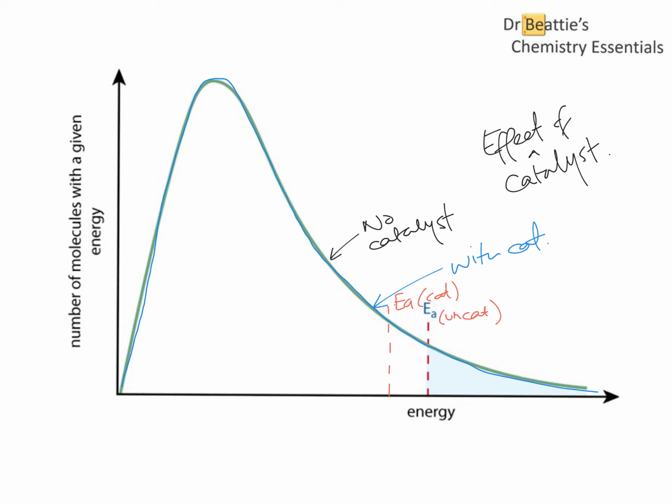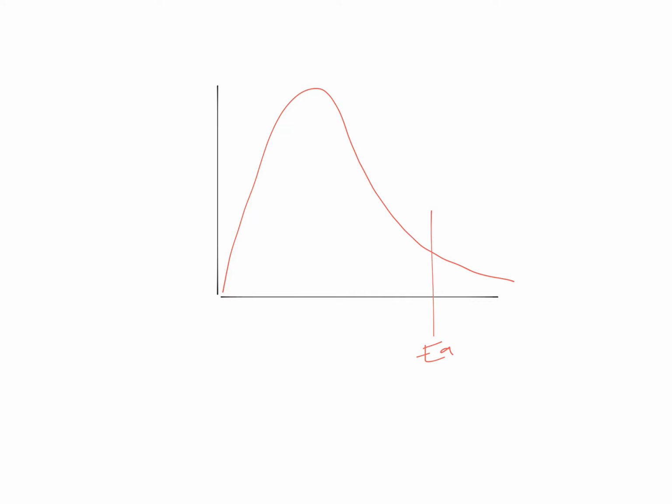And so you'll notice that there are now more particles in the area of the distribution curve that have the minimum energy required for a successful collision versus the original uncatalyzed.